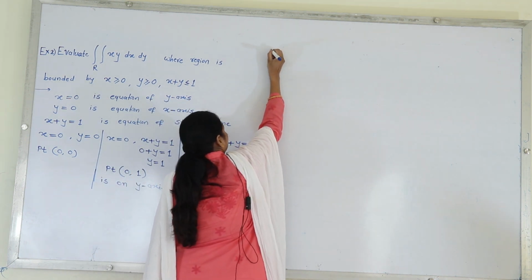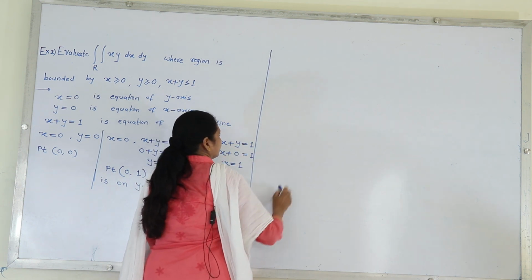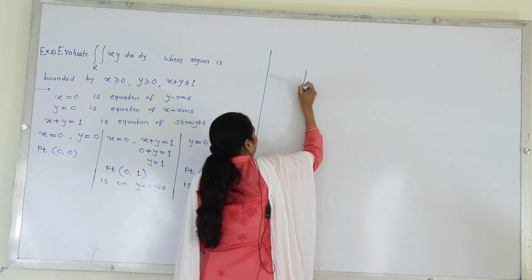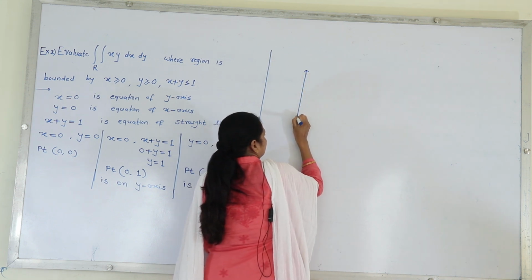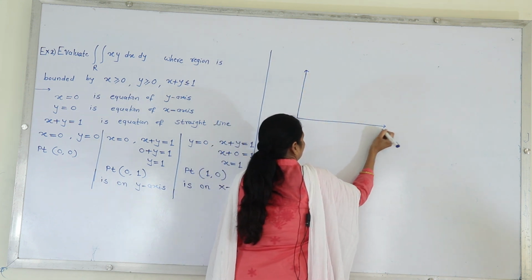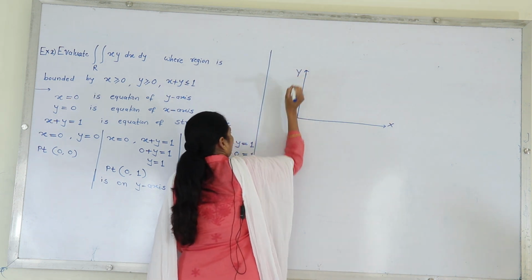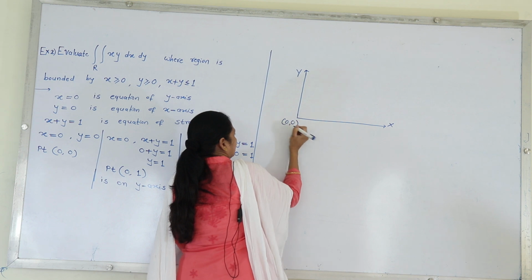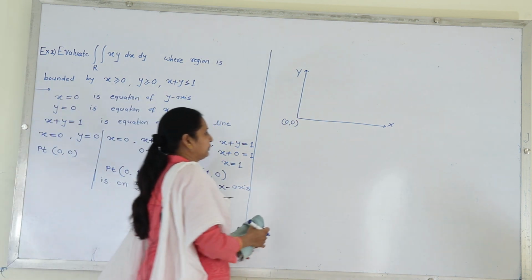For the region, draw the axes: this is the x-axis and y-axis. Now the points: the first point is the origin, that is 0, 0. The next point is on the x-axis, the point 1, 0.